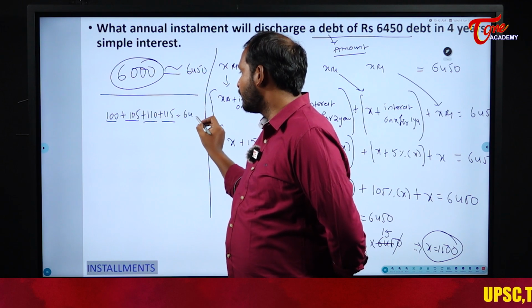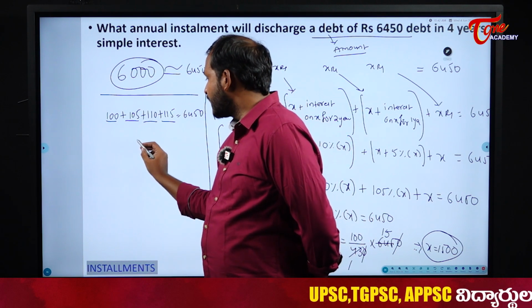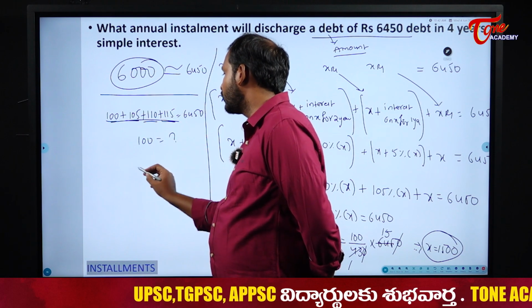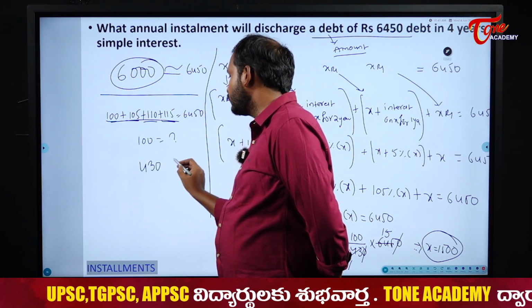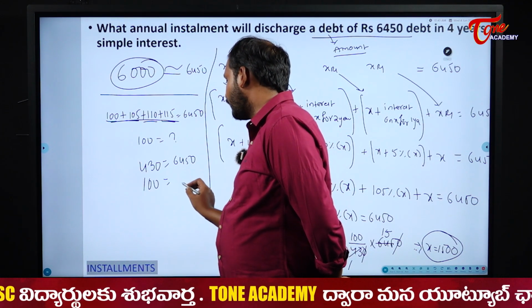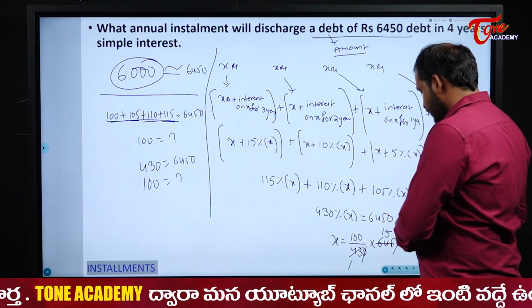This is equal to the amount 6450. My installment is 100 parts. Overall, 430 is equal to 6450, and 100 parts will become what? Please observe how this logic was derived.